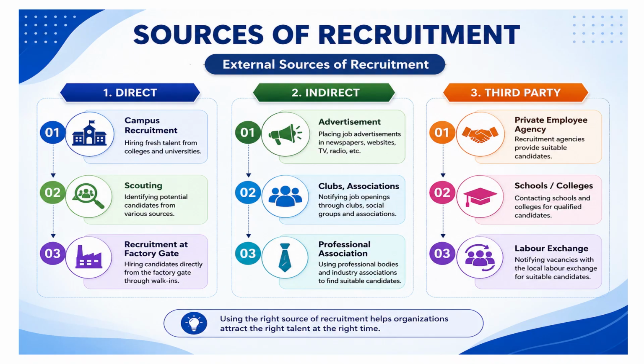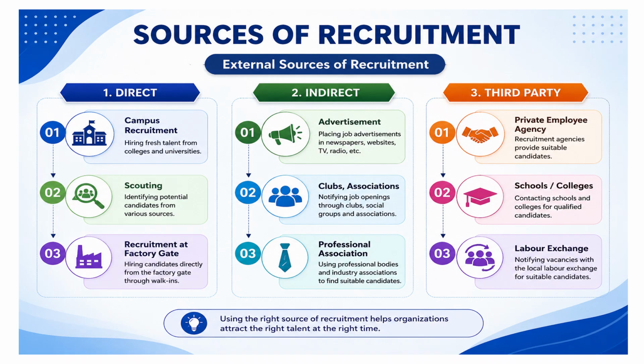Let's take an example. Suppose Google notices an emerging student who has won an international coding competition. Now what will Google do? Google will contact that student directly and offer an interview. This is called scrutiny. Today many multinational companies use this method to recruit highly talented employees.